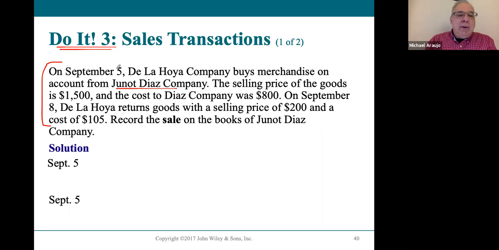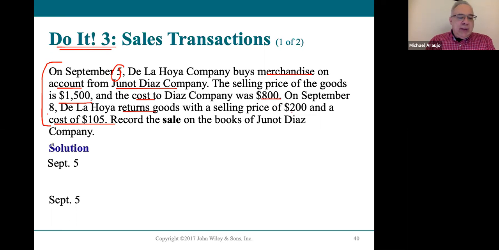So we might remember on the 5th of September, De La Hoya bought merchandise on account from Juno Diaz. They bought $1,500 worth of goods. However, the cost to Juno Diaz was only $800. And then 3 days later, on the 8th of September, they returned goods for $200, but the cost was $105.